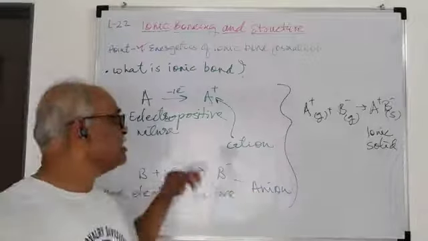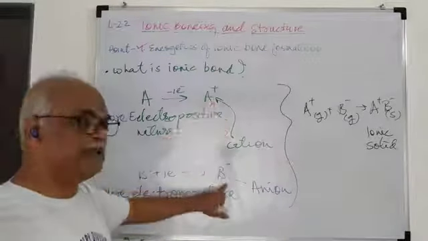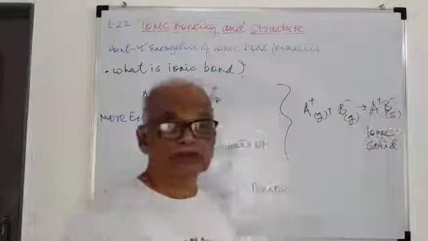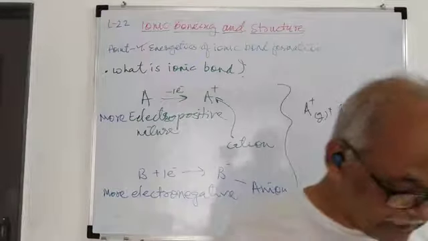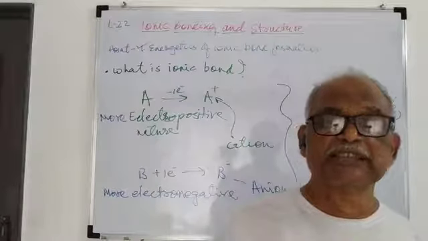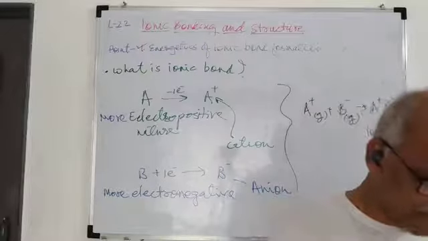Both A and B attain stability, forming A plus and B minus, which further combine to give the ionic solid. So this is the process in which unstable atoms are converted into stable species.